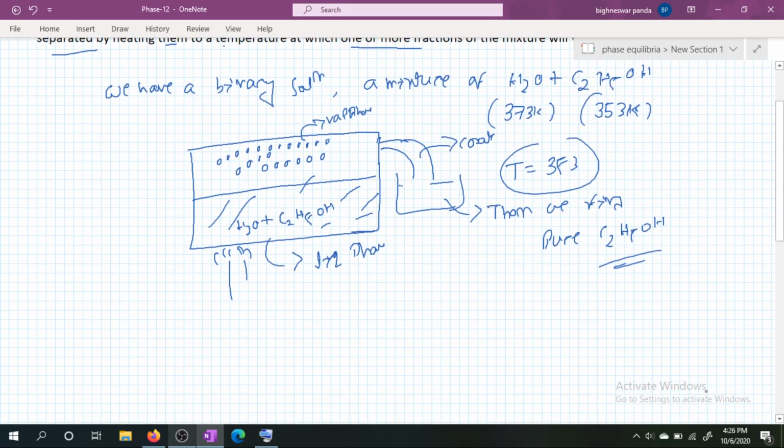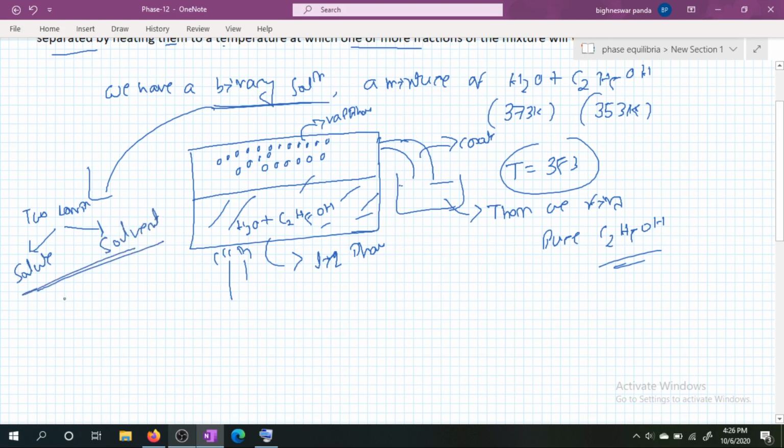So we have to study fractional distillation for binary solution. Binary solution means a two-component system, where one is solute and another is solvent, and both solute and solvent are in the liquid phase.